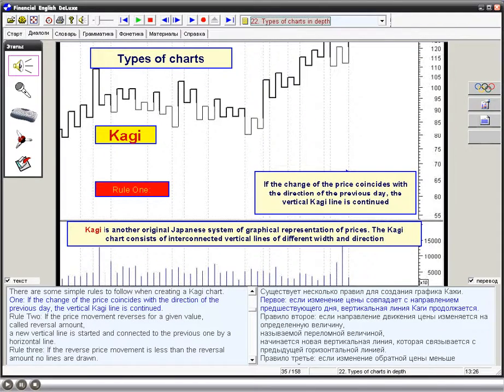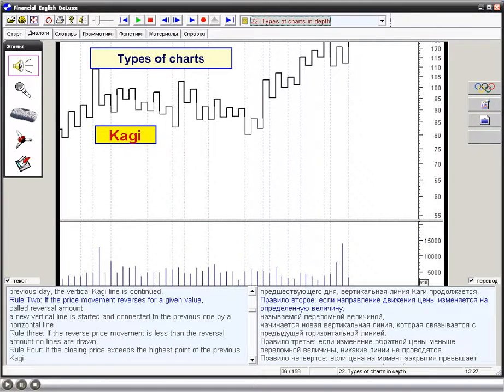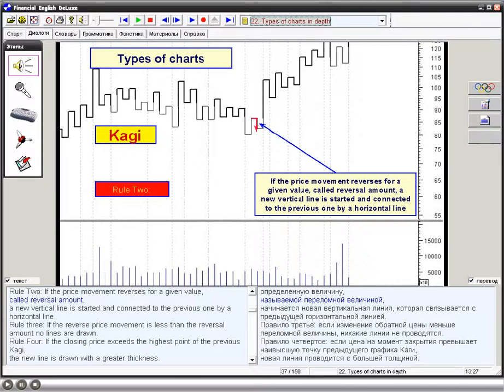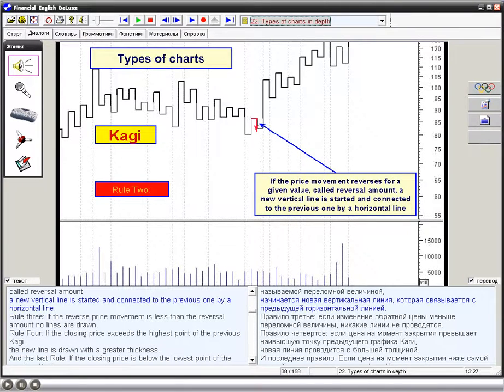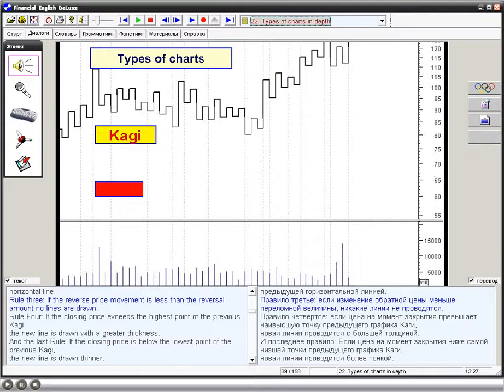Rule 1. If the change of the price coincides with the direction of the previous day, the vertical kagi line is continued. Rule 2. If the price movement reverses for a given value, called reversal amount, a new vertical line is started and connected to the previous one by a horizontal line. Rule 3.